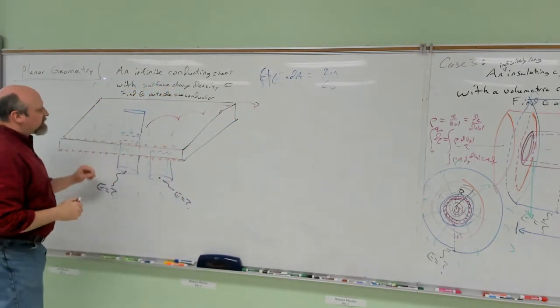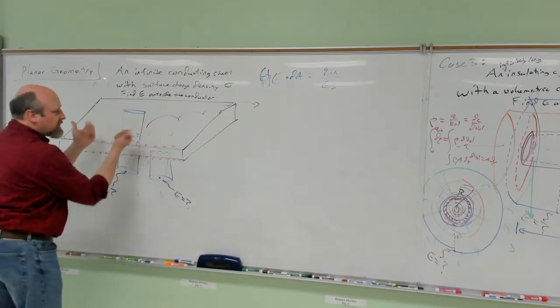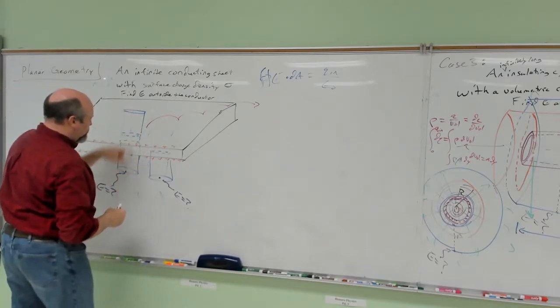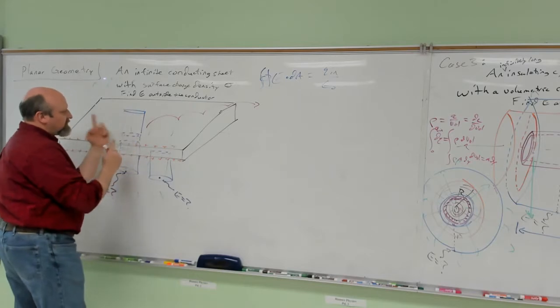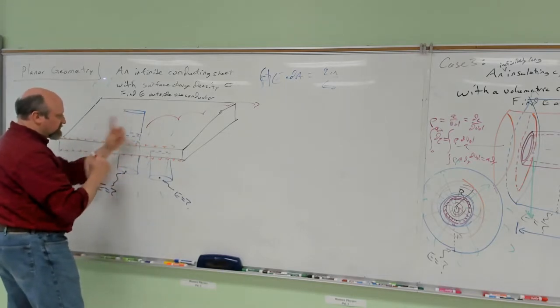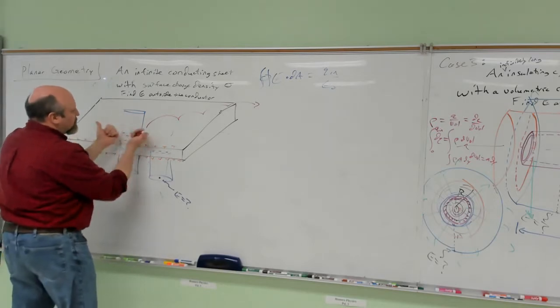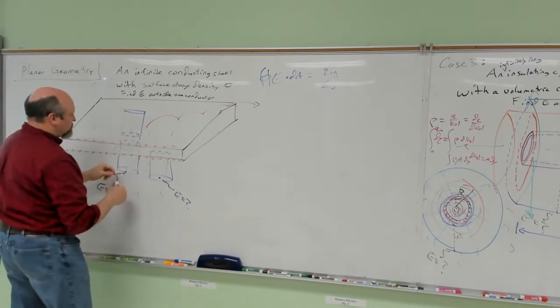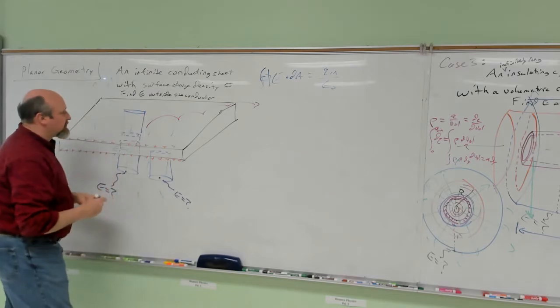Hey, do I have to worry about flux going out the sides? You say no, because my field lines are going parallel to that surface, right, the side of this cylinder, this right prism, but particularly it's a cylinder shape I drew, right? I have no flux out the sides. I only have to worry about flux up the top and up the bottom, okay?